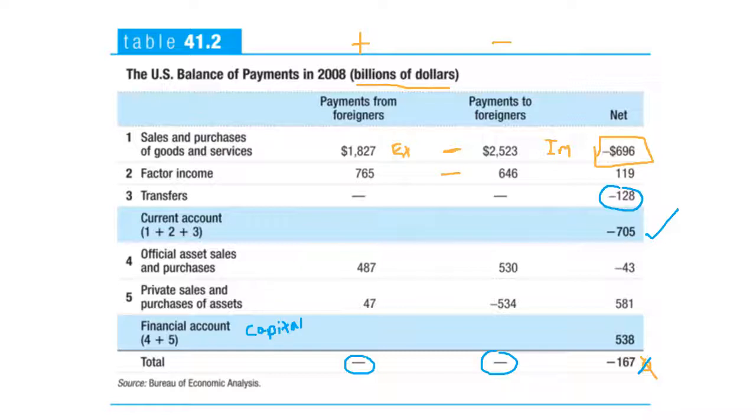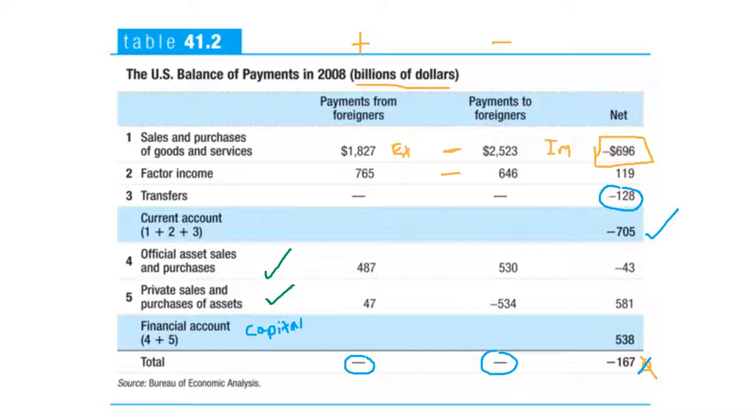So official asset sales and purchases are purchased by the government. So if our government took out a loan from another country, or we loaned out money to someone else, that would be part of the official sales of assets. If an individual person decided to buy a stock or sell a bond or to get a loan from another country, that would be under the private sales and purchases of assets.